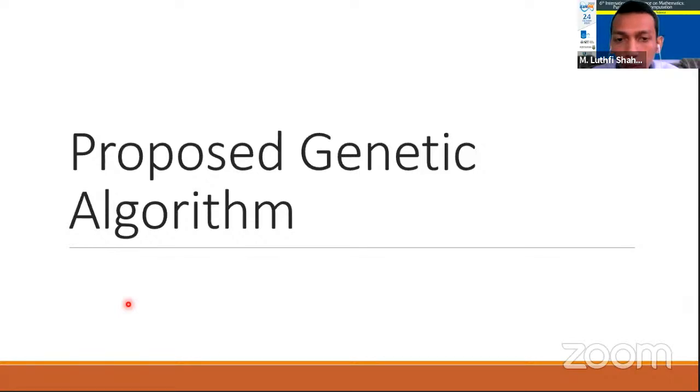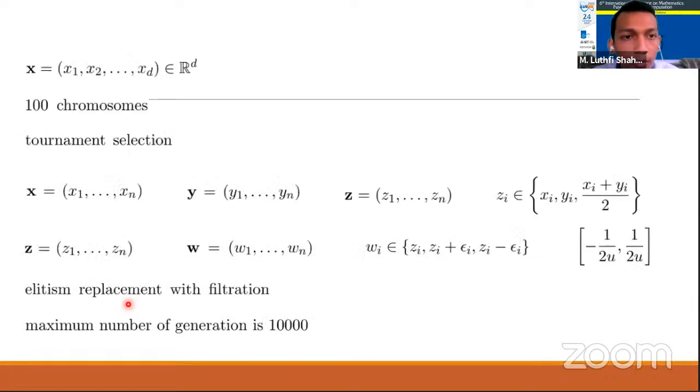The next section is the proposed genetic algorithm. So this one is the chromosome we use in our research. If the function has d variables, then the solution or the chromosome is a d-dimensional array like this.